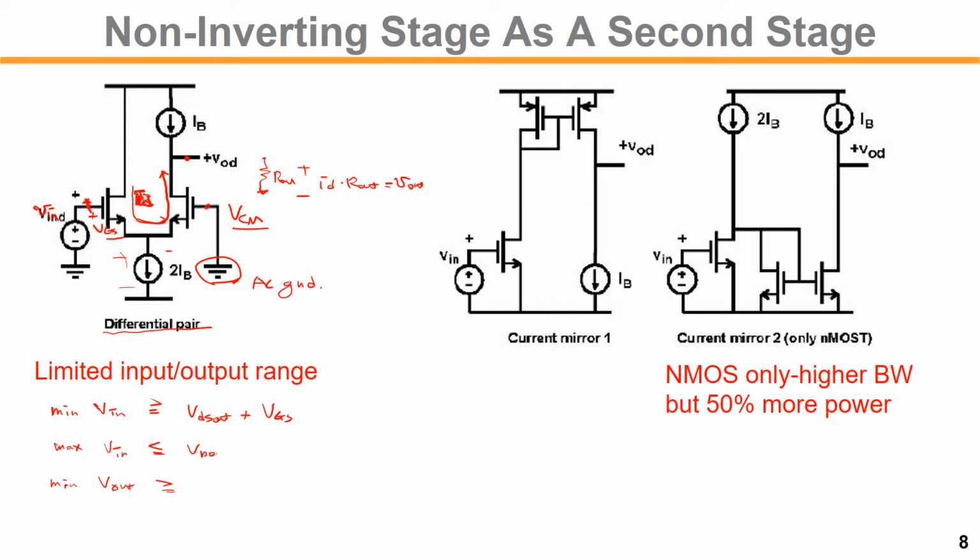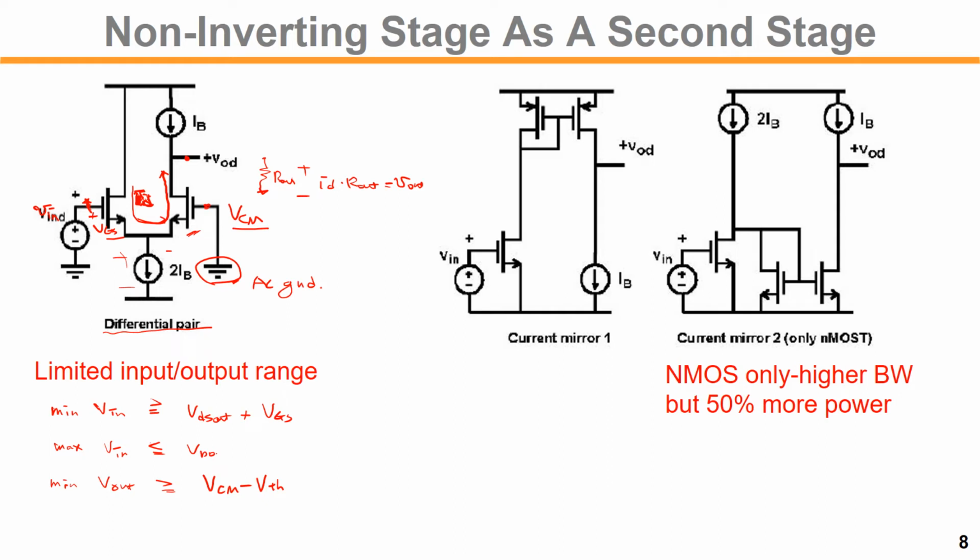If the output is tied to VCM, then the lowest it can go is VCM minus VTH, so that the input pair on the right is in saturation. So that is limited by the input common-mode level.